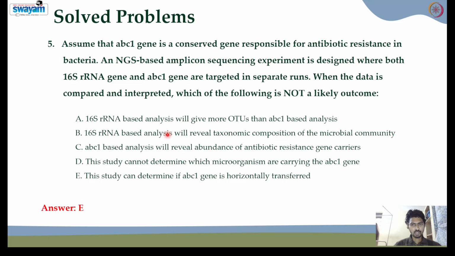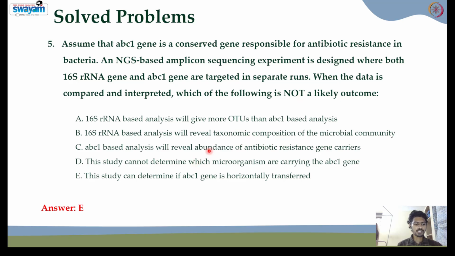The ABC1 corresponds to antibiotic resistance in bacteria, so there will be more OTUs for taxonomic classification than with ABC1. Whereas in option B, the 16S rRNA helps to identify and classify the bacterial community based on their taxonomic relationship. So that is a likely outcome.